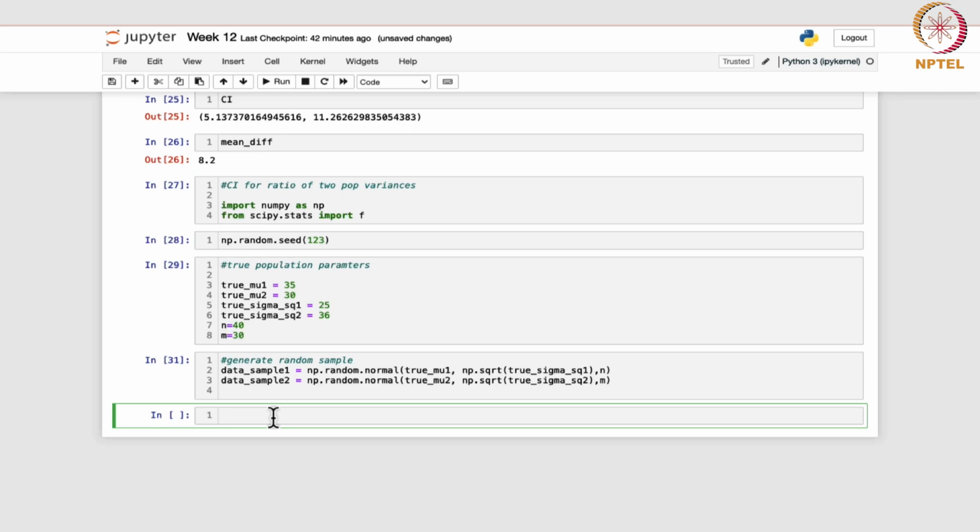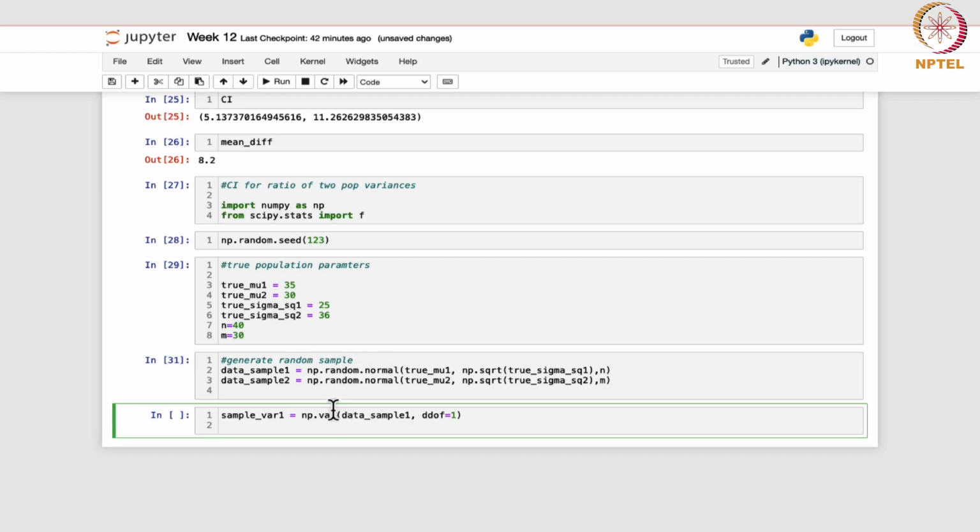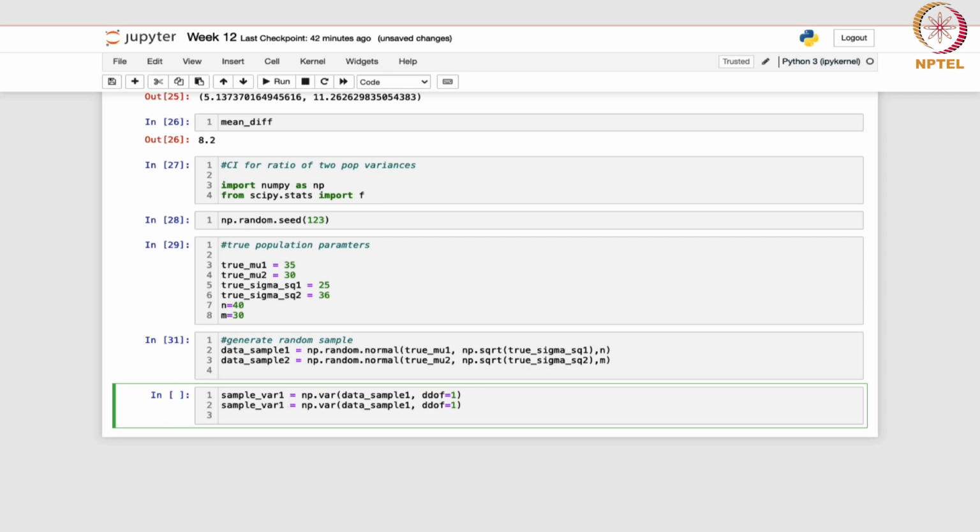So here we will write sample var 1 to find out the variance of the data sample, that is data sample 1, and we would write ddof as 1 in order to ensure that we are dealing with sample variance. Likewise, we can rewrite it and see that it would be sample var 2 for the second sample.